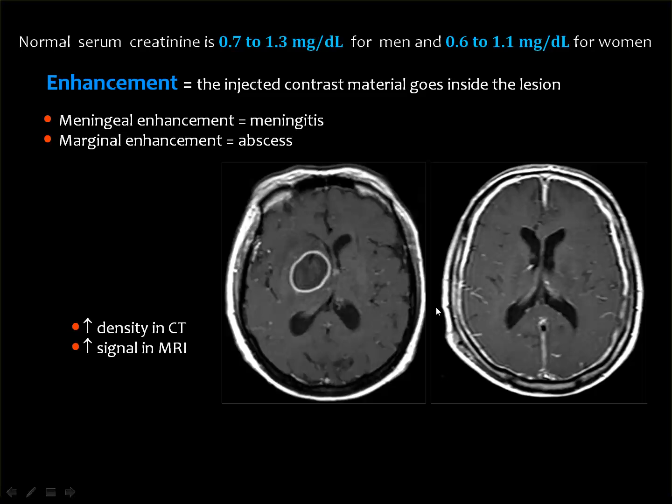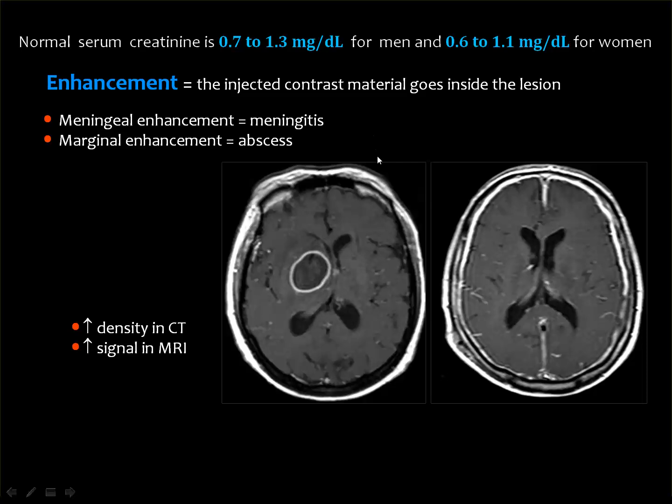But my personal attitude in my working place is that a creatinine of 1.5 is acceptable, provided that you inject the patient with non-ionic contrast material and you order the patient to drink a lot of fluids.